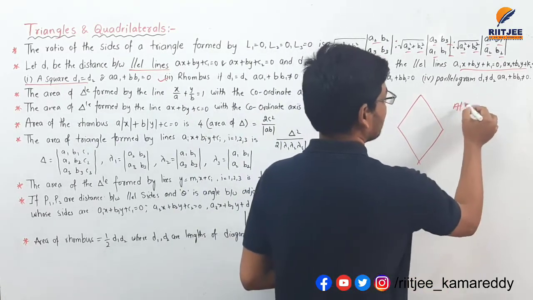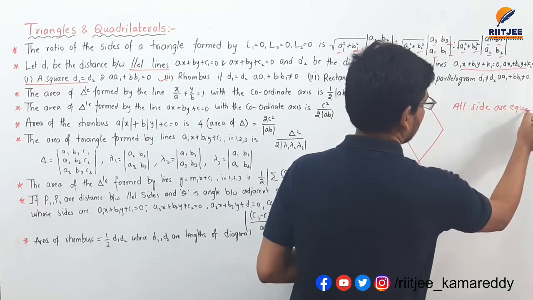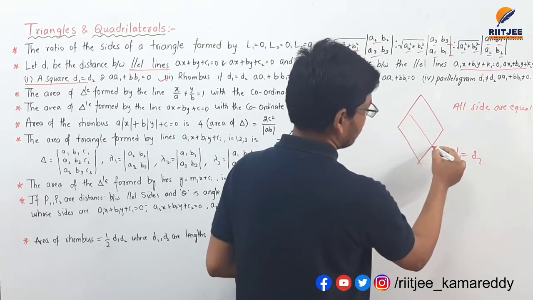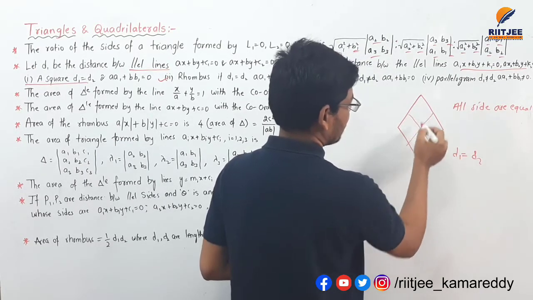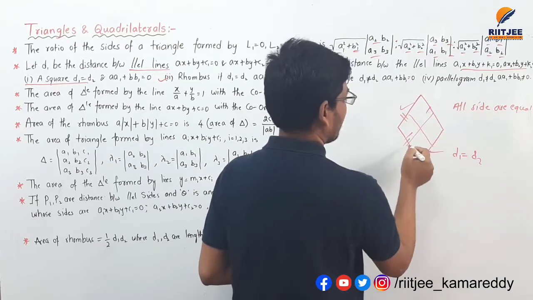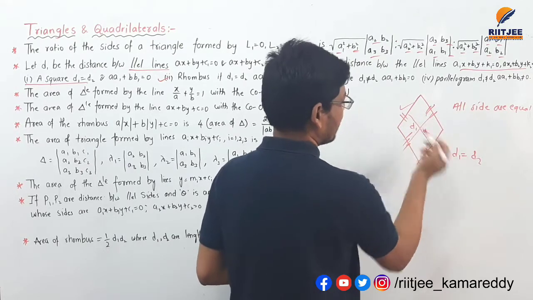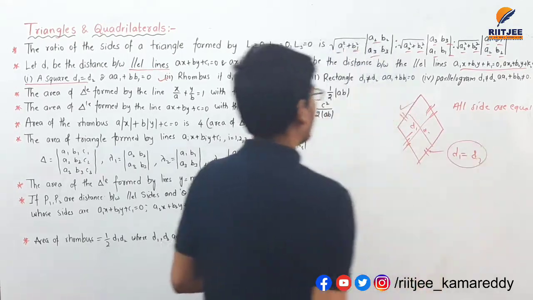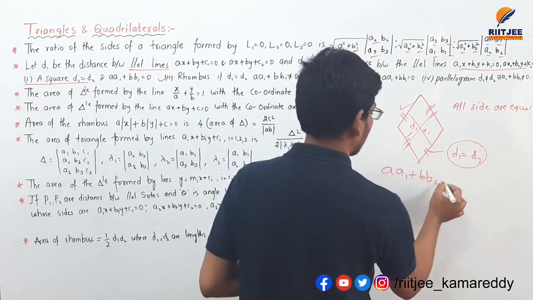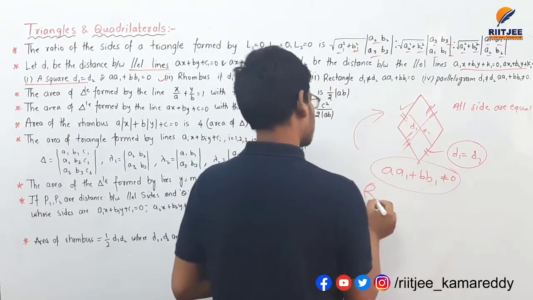All sides equal is nothing but d1 should equal d2. d1, the distance between these two parallel lines, and d2 between these two parallel lines. These two are parallel lines, and these two are also parallel lines. So the distance d1 and d2 between these two sets of parallel lines are equal, and if the condition a1 plus b1 is not equal to 0, then the figure is said to be a rhombus.